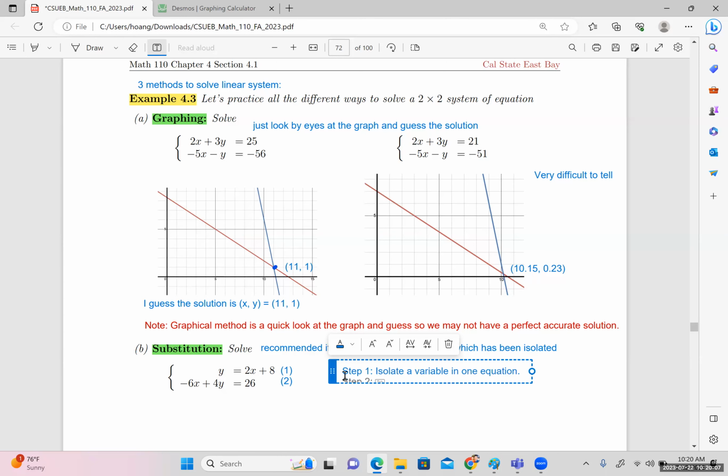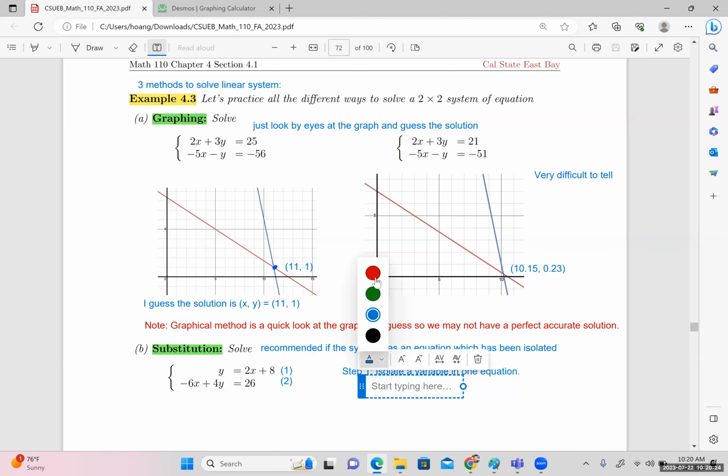For this part B, we actually have y already isolated in equation 1.